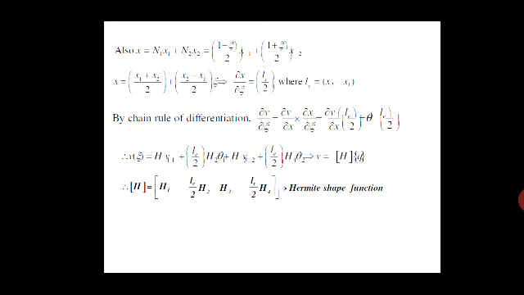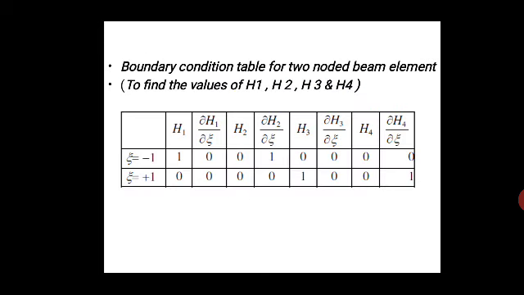Therefore, matrix H you can write as H1, Le/2 into H2, H3, Le/2 into H4. This we call Hermite shape functions, and these Hermite shape functions we need to derive, and along with this we have the nodal displacement vector q is equal to v1, theta 1, v2, theta 2.